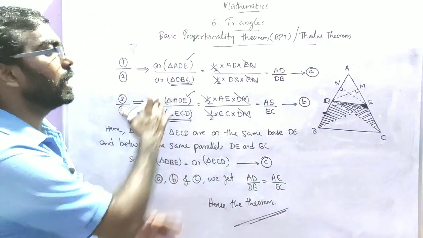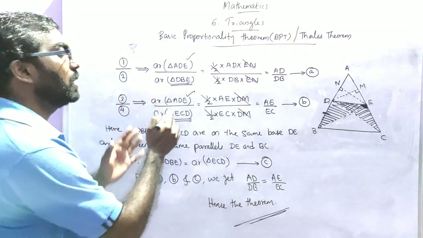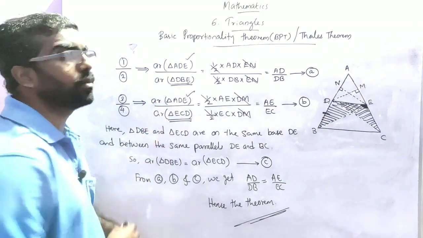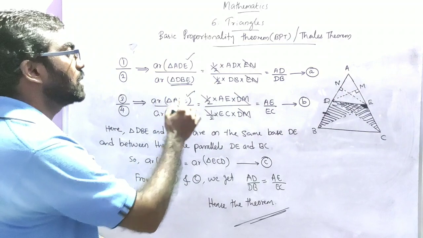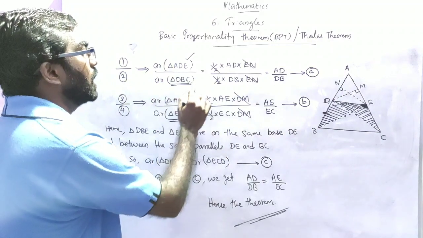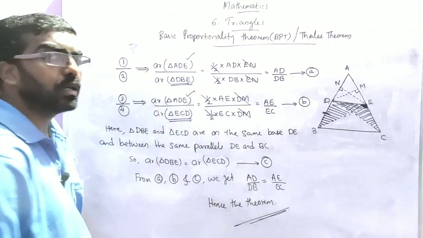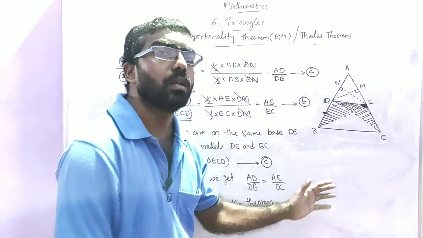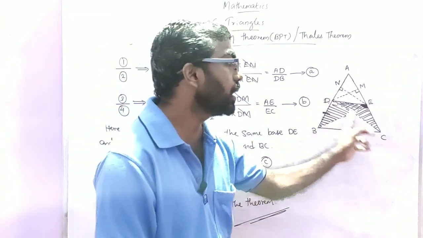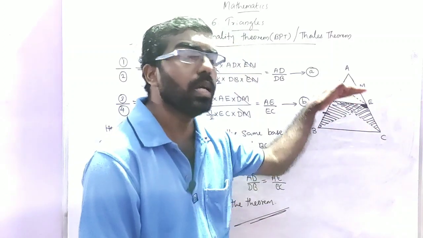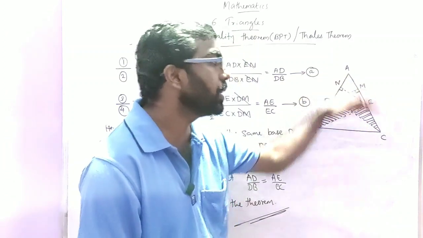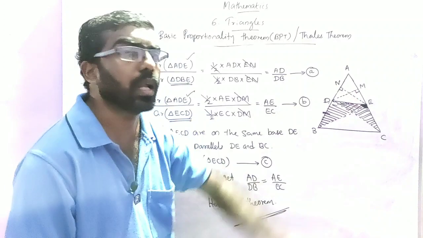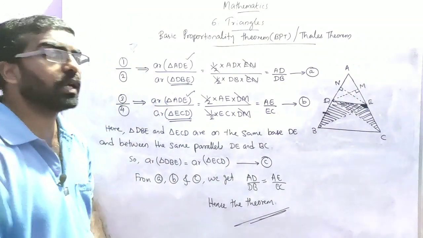For that we take the LHS part. Here on the LHS part, the only difference is the denominator. Numerator the terms are same. Denominator is area of triangle DBE, here area of triangle ECD. That's why we check the two triangles. And look at the figure. It is clear that these two triangles lie on the same base DE and between the same parallels DE and BC. So what we can conclude?